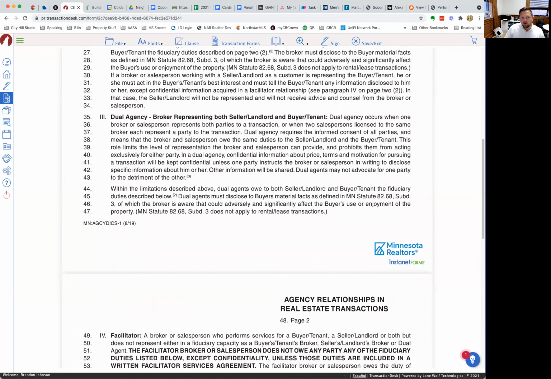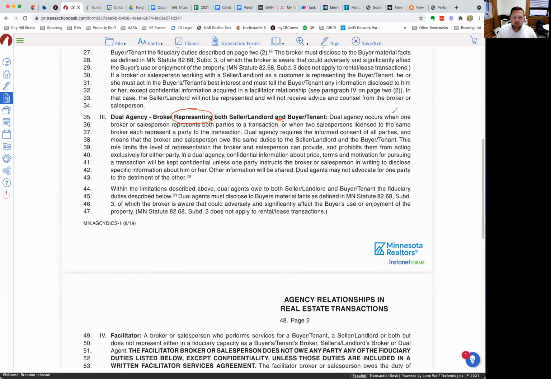Dual agency is the understanding that the broker represents, and that's a key word, the representation side. This is a very big word that we're going to make sure we hang on to. Both the seller, the landlord, and, another big word, the buyer or tenant.